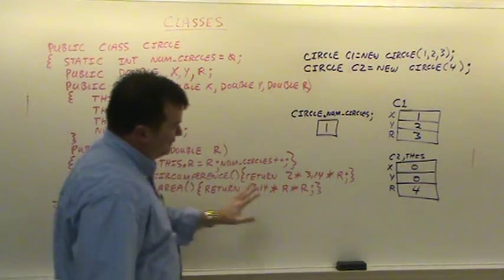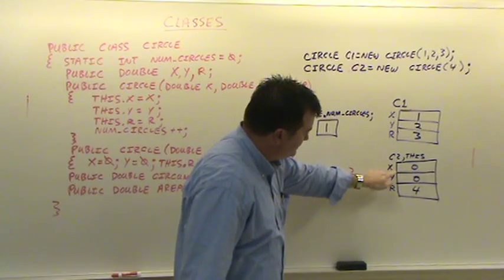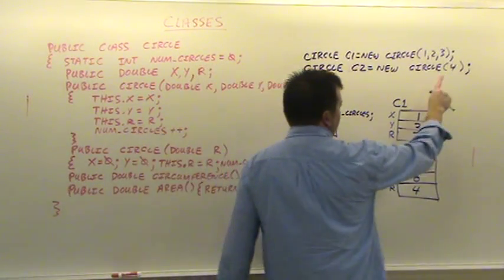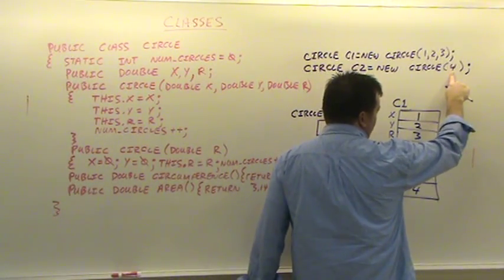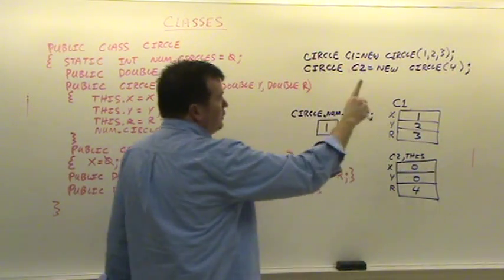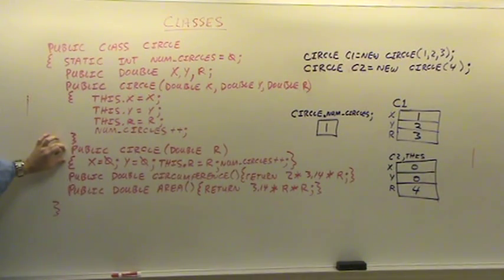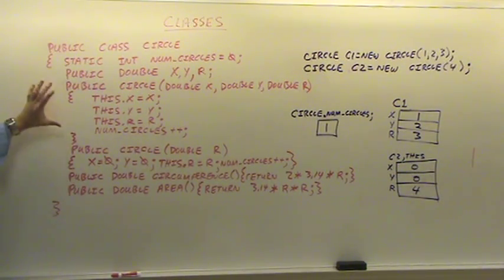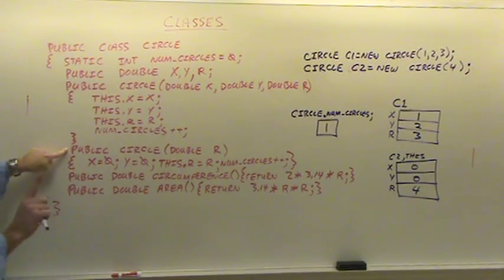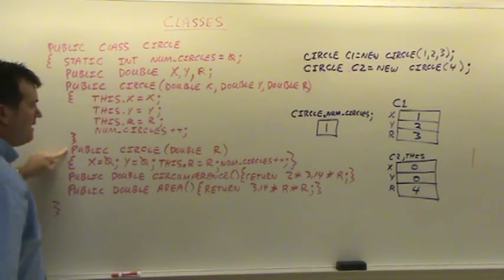Now we went to create the second object, which passed in only one parameter, the 4. So that forces us, out of all of our constructors, we could write as many constructors as we want, to find the one that matches, the one that takes in one parameter.